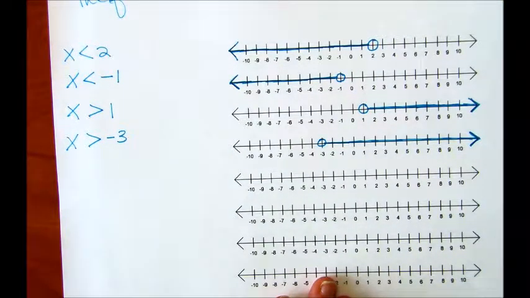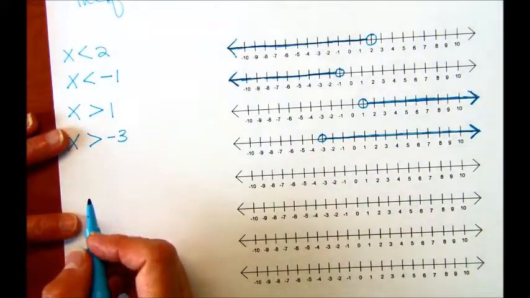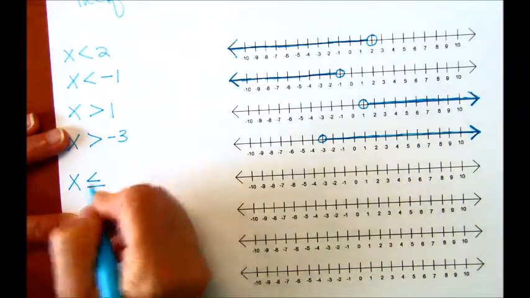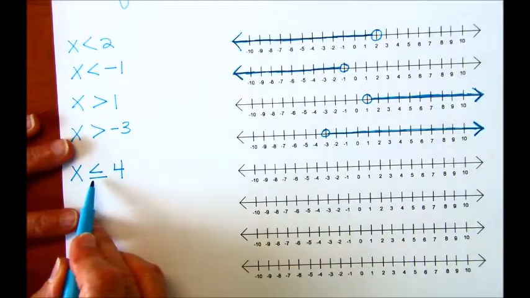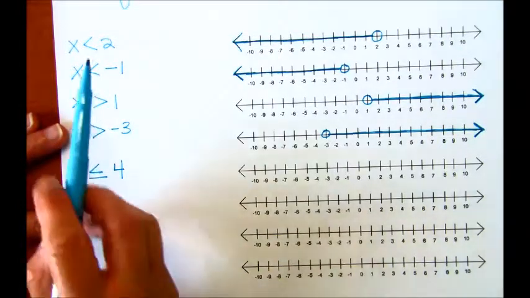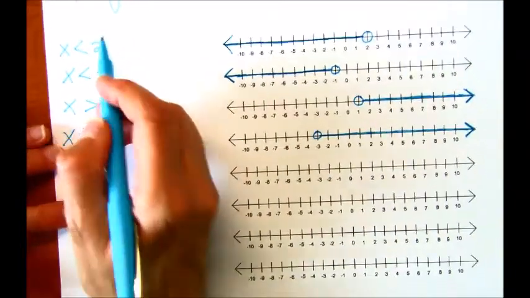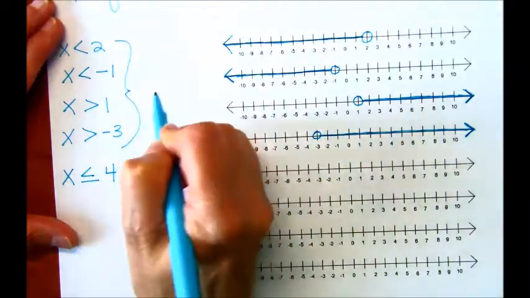Let's now work with inequalities or solutions that have an equal as part of the answer. So we're going to say that x is less than or equal to 4. X is less than or equal to 4. So with these others that did not have the equal to as part of the solution, we had an open circle.